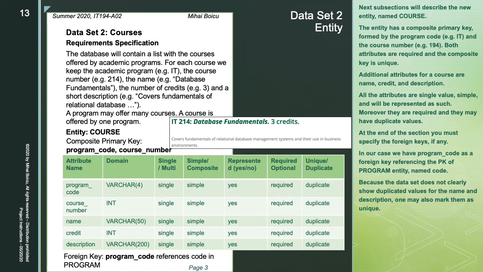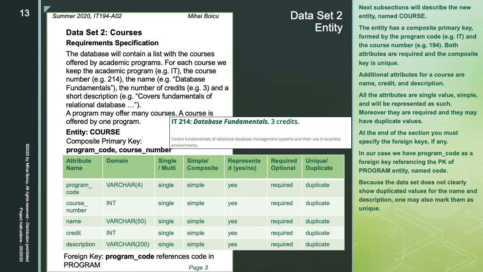Next subsections will describe the new entity, named course. The entity has a composite primary key, formed by the program code, IT, and the course number, for instance 194. Both attributes are required and the composite key is unique.